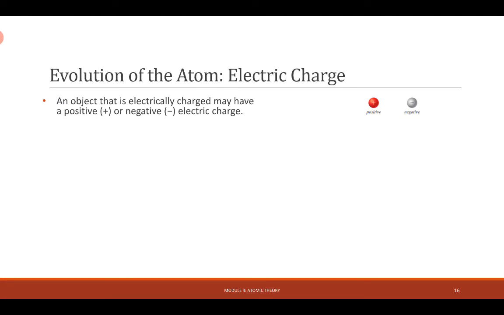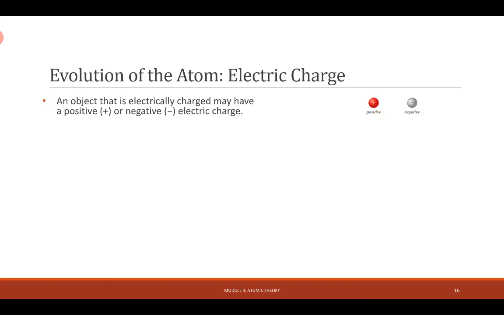So let's talk about how J.J. Thomson was able to draw conclusions based on what he found out. In order to do that, we have to take a step back to show what they already knew about the structure, about charges and how charges were attracted to one another.